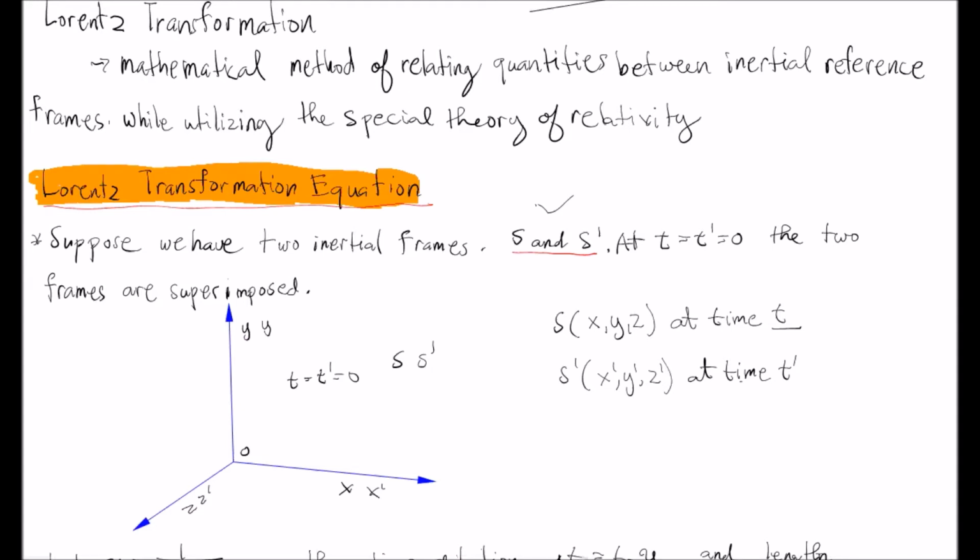The length contraction, right? Since the moving frame is moving at constant speed u, and comparing the speed u to the speed of light, it is much less than. So what are the Lorentz transformation equations? How do they differ from Galilean transformation equation?